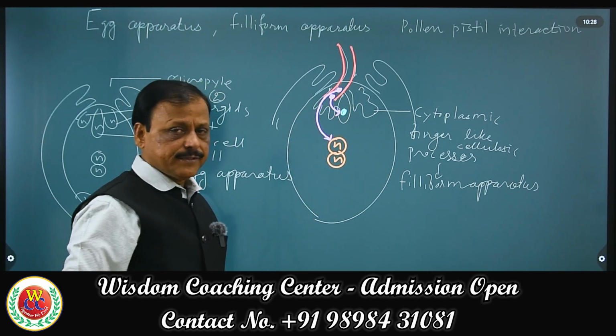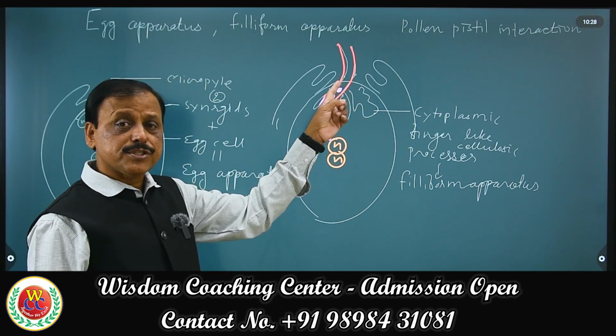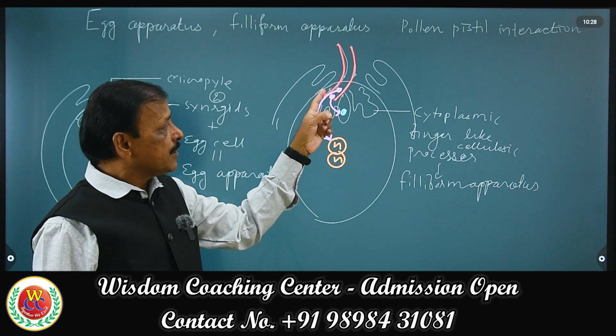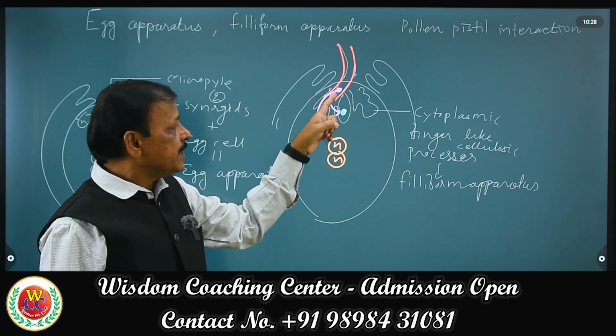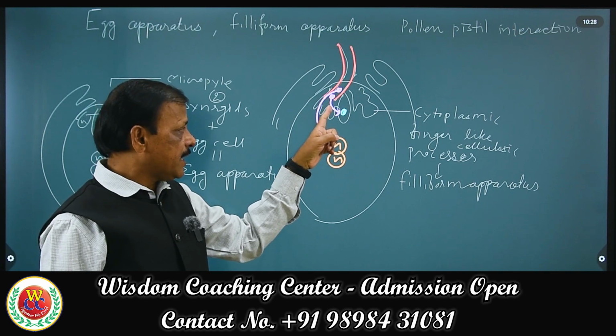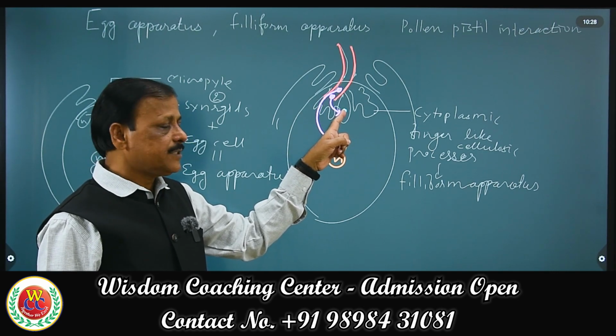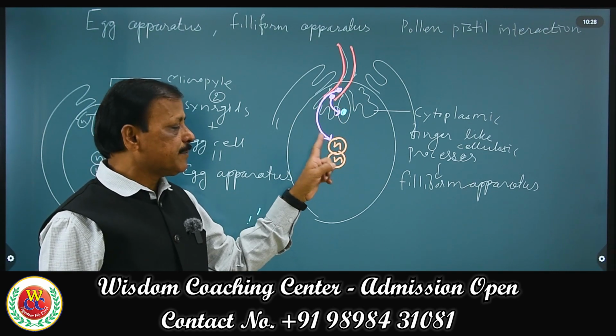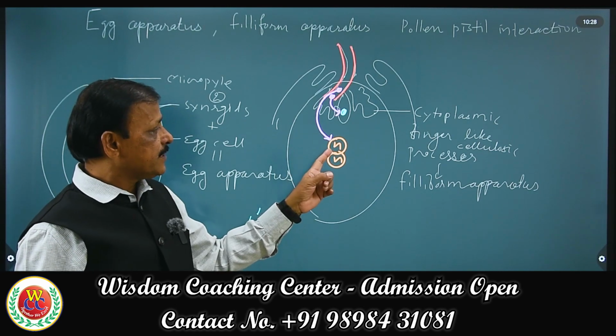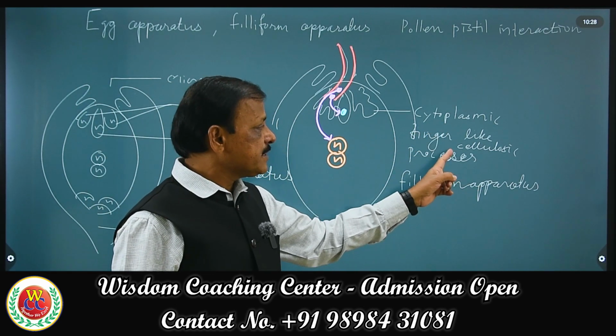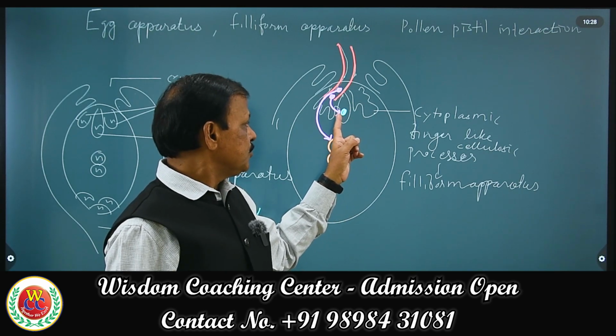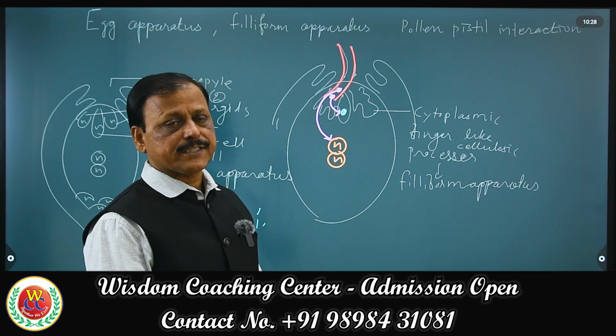Finally, the function of the filiform apparatus is to receive the pollen tube, allow it to burst, release the male nuclei, and allow one male gamete to fuse with the egg nucleus and another to fuse with polar nuclei, and thus to have double fertilization.